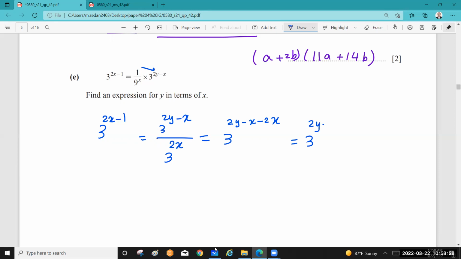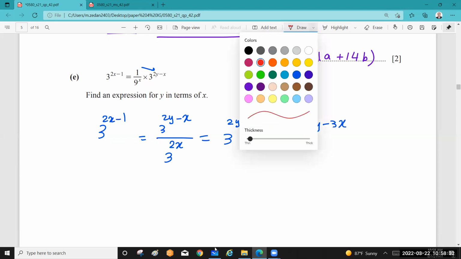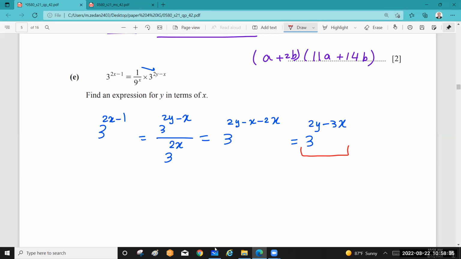Now look at these two amounts here. This one is 3 power, equal to 3 power. So since 3 is equal to 3, the powers must be equal. Yes, this power 2y minus 3x is equal to 2x minus 1.